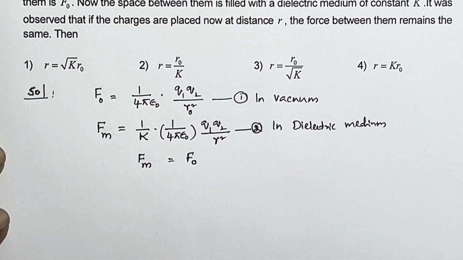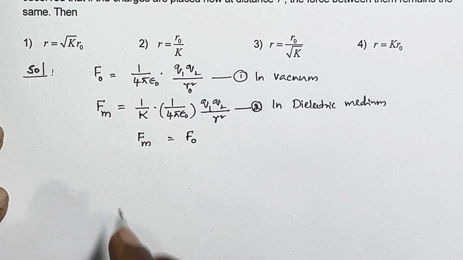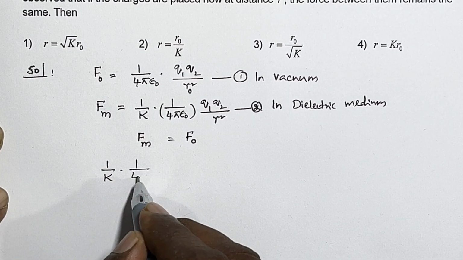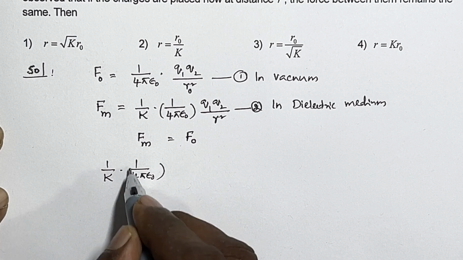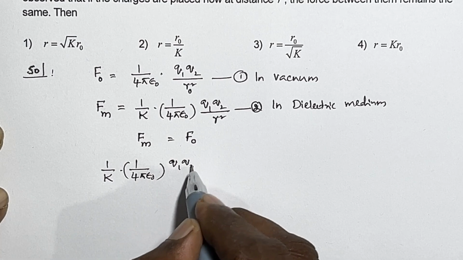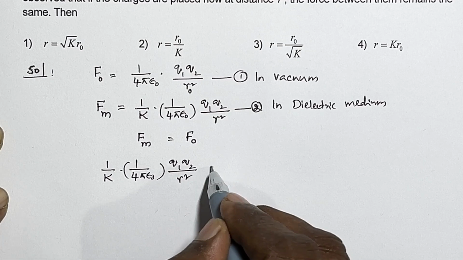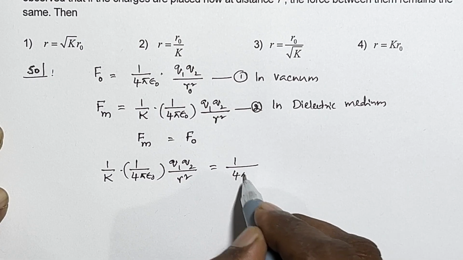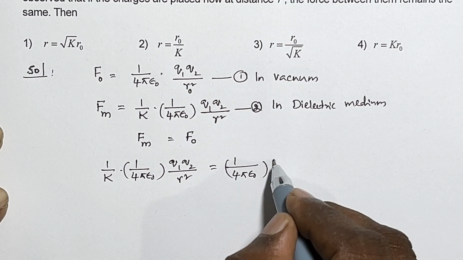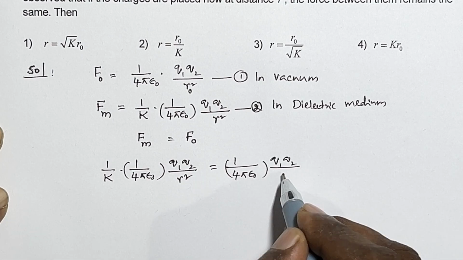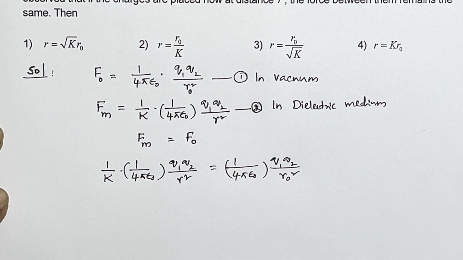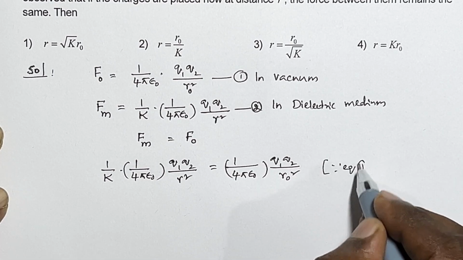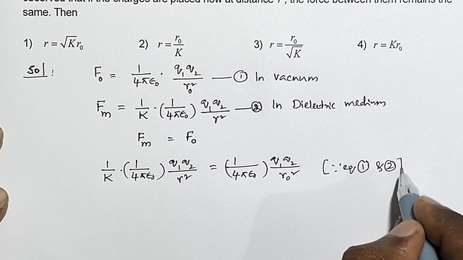Then Fm formula is 1 by 4 pi epsilon naught Q1 Q2 by R square, which is equal to 1 by 4 pi epsilon naught Q1 Q2 by R naught square. This is from equations 1 and 2.